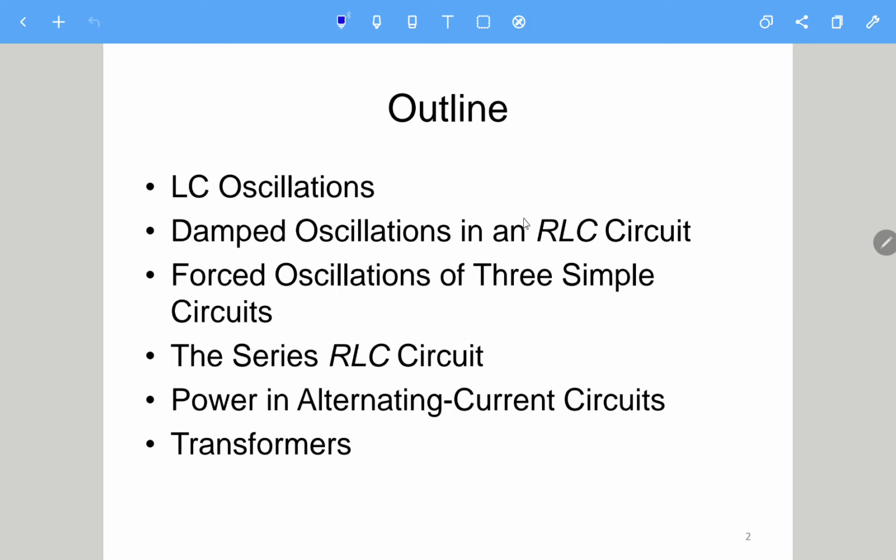Here we talk about the RLC circuit without source. We just try to store some energy there, and then we try to have a natural response, something like that. Then we'll talk about the power in AC circuits, and then the transformers.